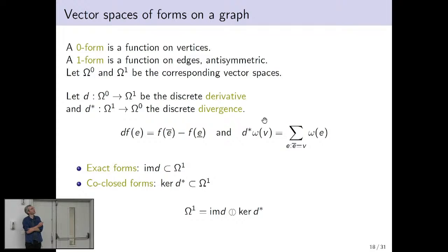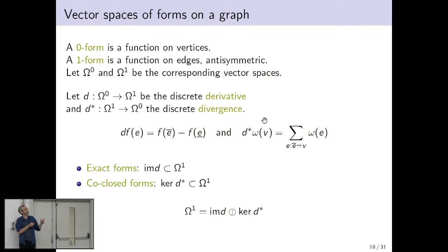A zero form is just a function on vertices. A one form is a function on edges, which is antisymmetric under edge orientation reversal, and I will denote by omega 0 and omega 1 the vector spaces of zero forms and of one forms respectively. And given that, you have this notion of discrete derivative, which takes a function on vertices and takes the difference, df on an edge, just the function at the endpoint minus the function at the starting point.